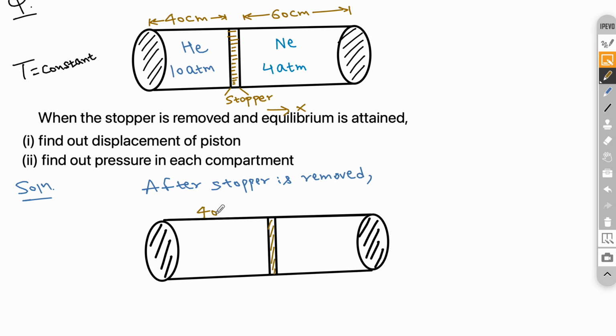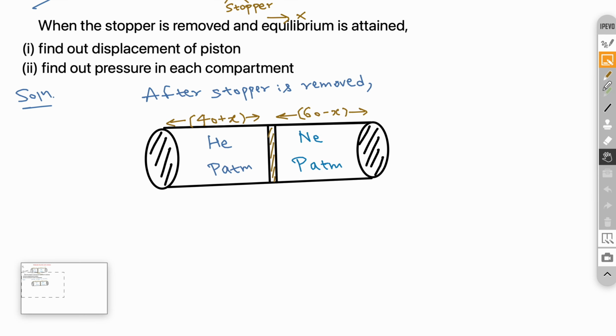So the new distance on the left will be 40 plus x and the new distance on the right side would be 60 minus x, right? On the left side we had helium, on the right side we have neon. This is the distance x by which the stopper has moved. Here helium will be present at P atm and neon at some P atm.